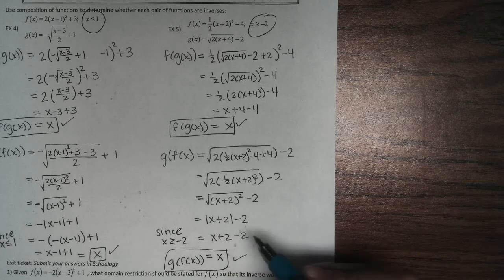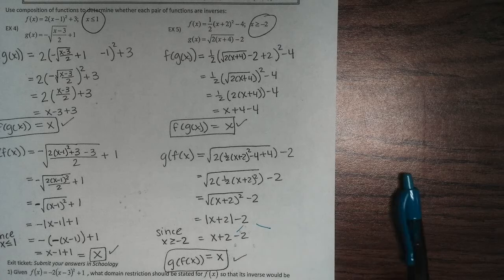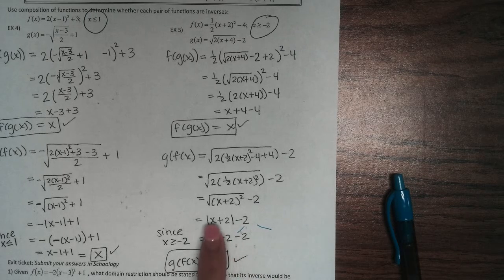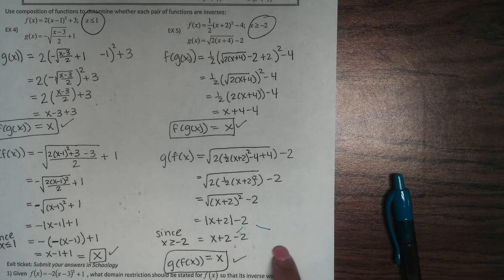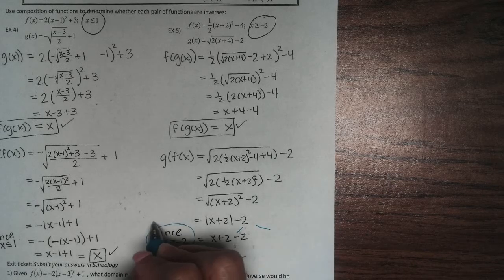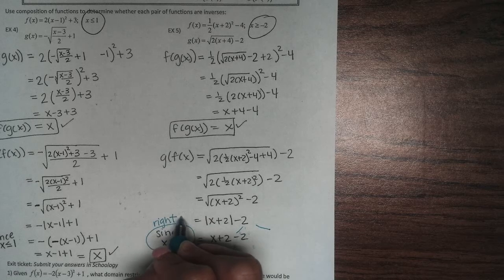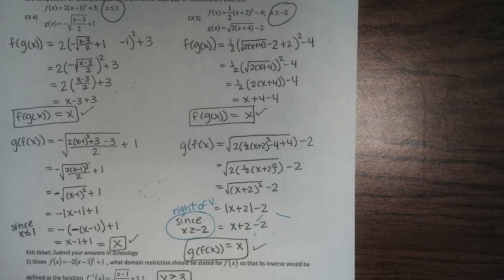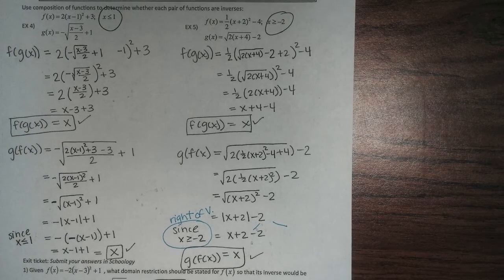When you get rid of the absolute value on that one, notice how I only broke it into the positive case. I only did x plus 2 minus 2. I didn't even write down the negative case because, like I said, we were only graphing to the right of the vertex. So when you graph to the right of the vertex, you're supposed to only do the positive case. So I only did the positive case.